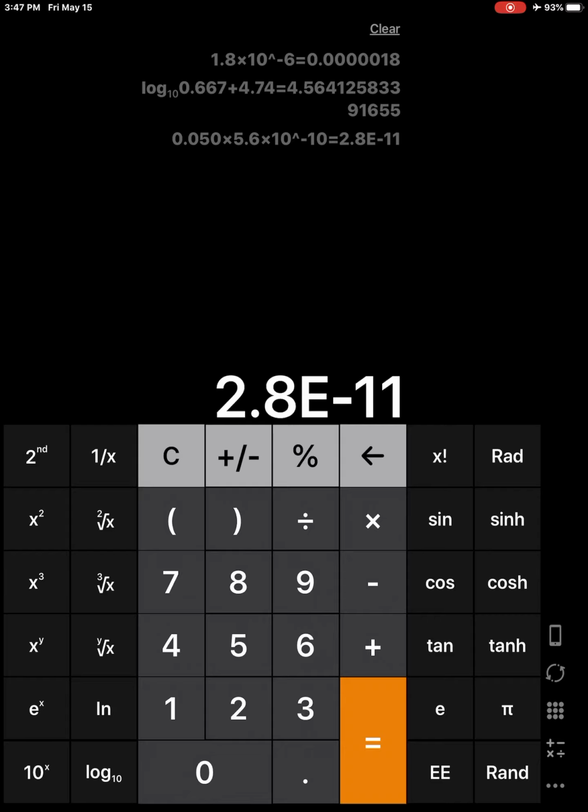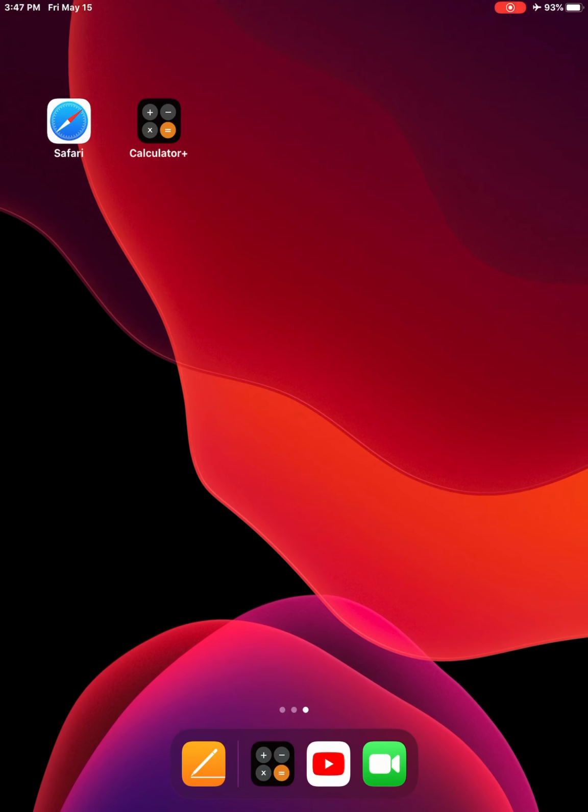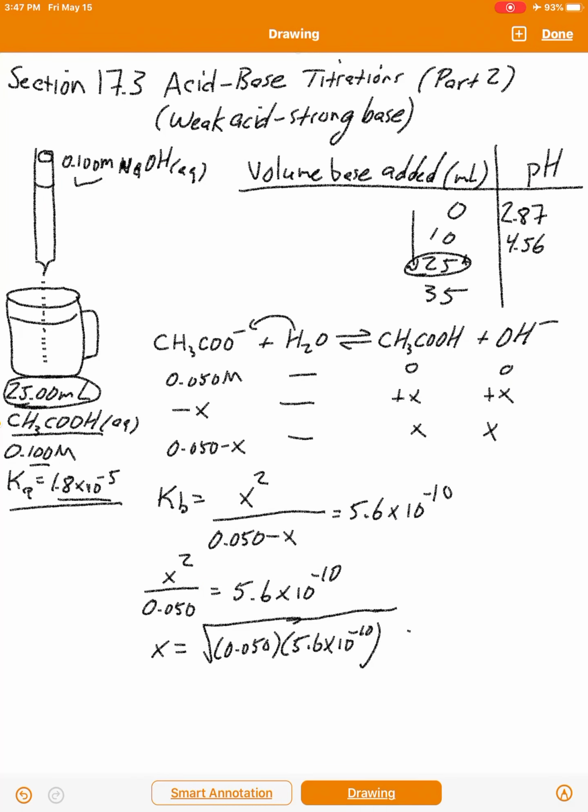There we go. Now we're going to take the square root of that. 5.29 times 10 to the minus 6. Now that X, for our purposes, what's important is that that's the concentration of the hydroxide.